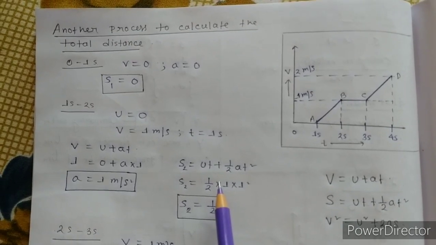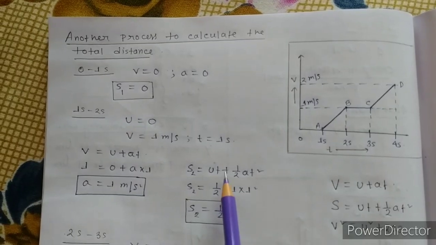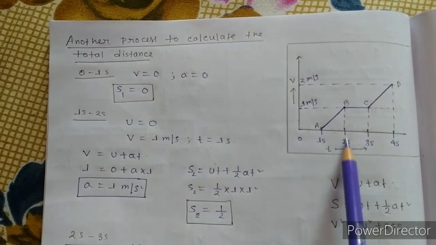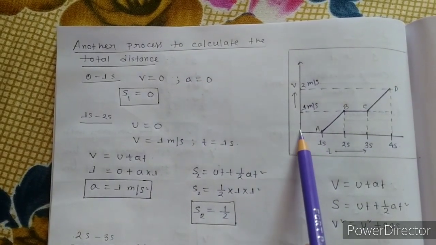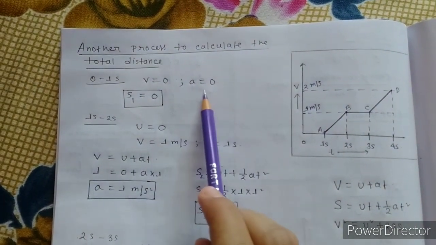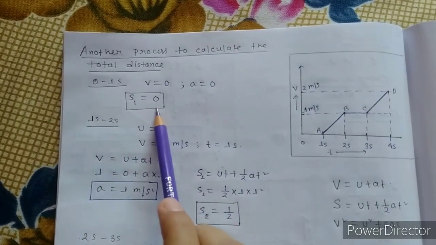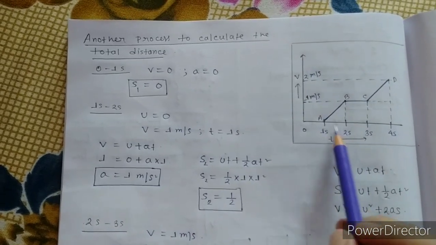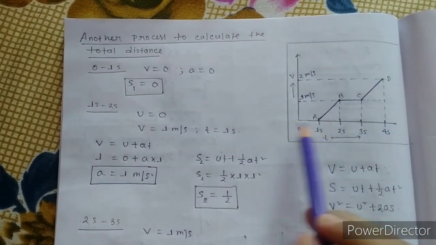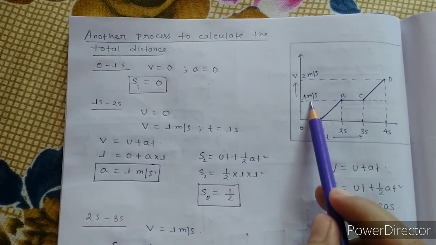Now we discuss another process to calculate the total distance covered by the particle. From the figure we can see in between 0 to 1 second the velocity of the particle is 0 as the acceleration is 0. So the distance covered by the particle is 0. Now in between 1 second and 2 second, the initial velocity of the particle is 0, but the final velocity of the particle is 1 meter per second.